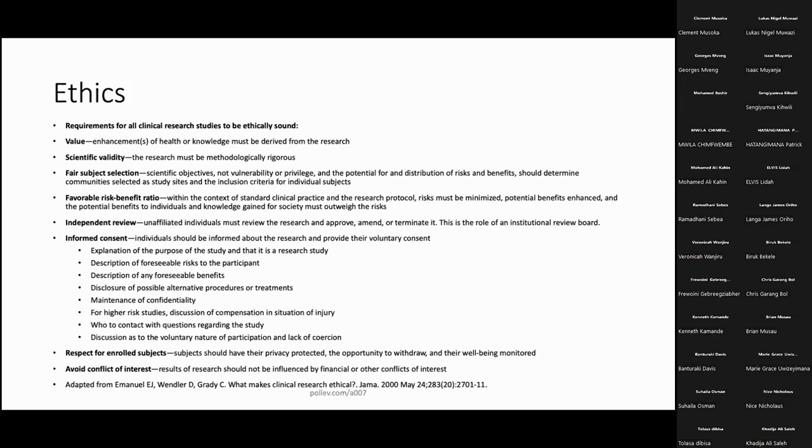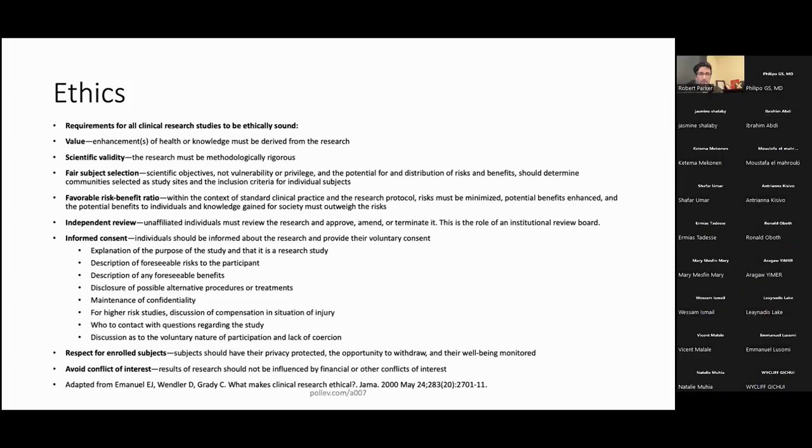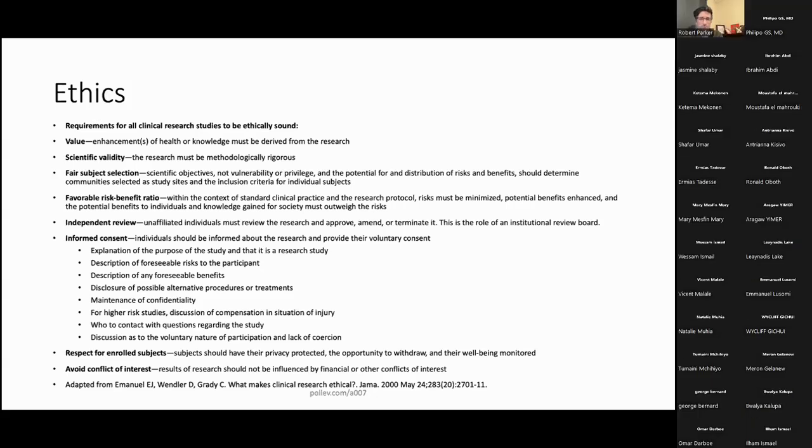We need to make sure that there's informed consent, and there are key components to informed consent to make sure that participants are truly informed before signing up for a study. We need to have respect for the enrolled subject, and we need to avoid conflict of interest so that there's no financial gain for the investigators.